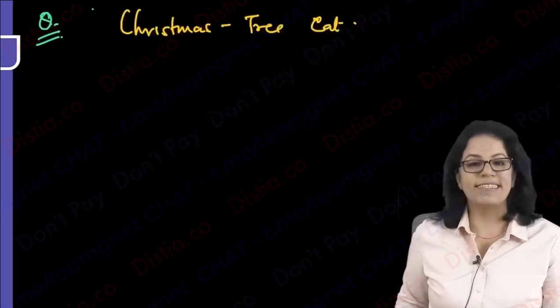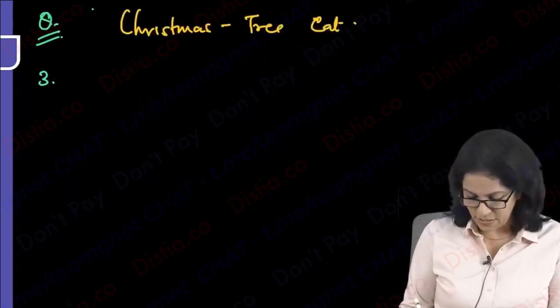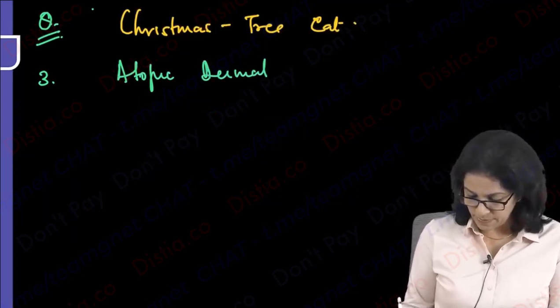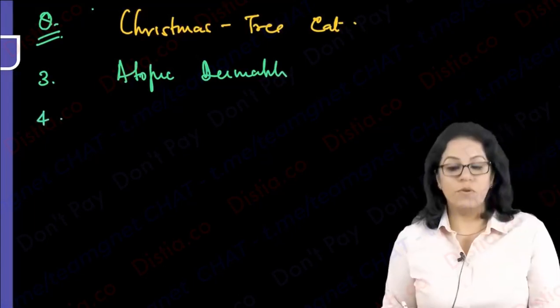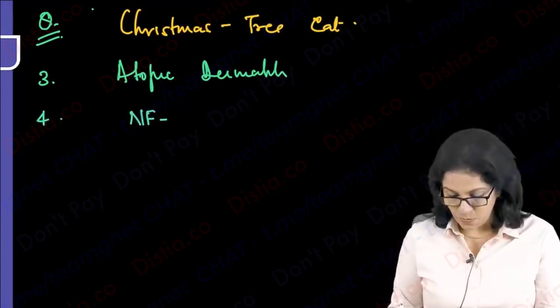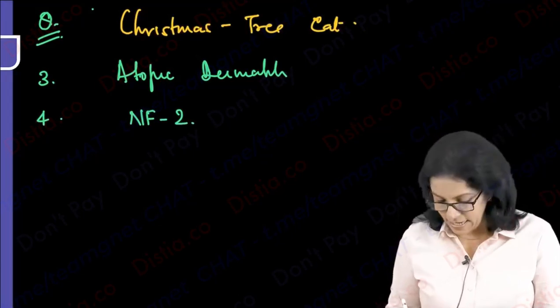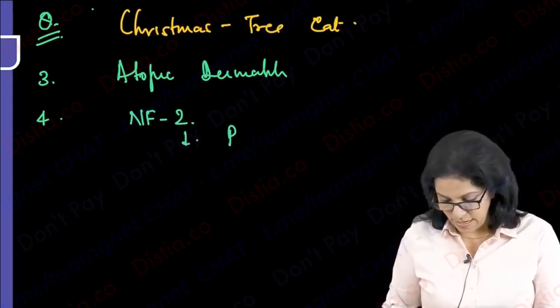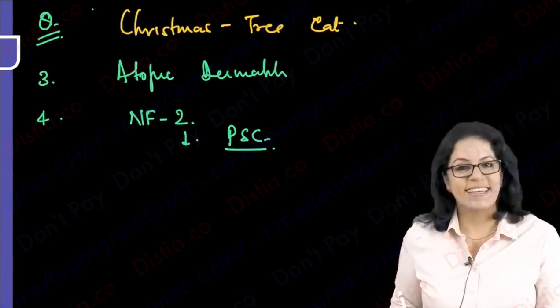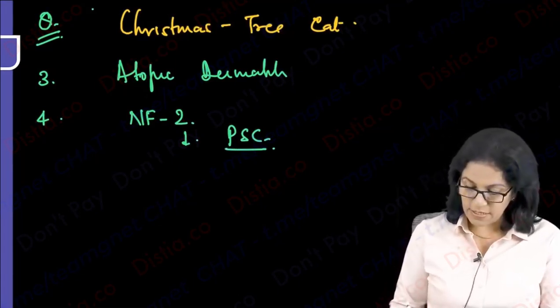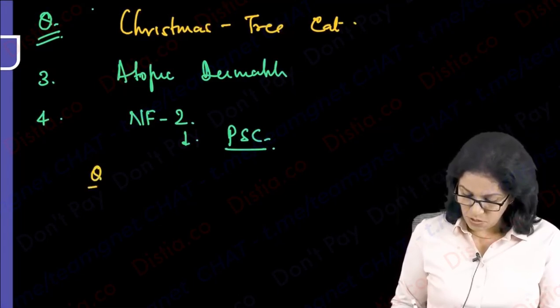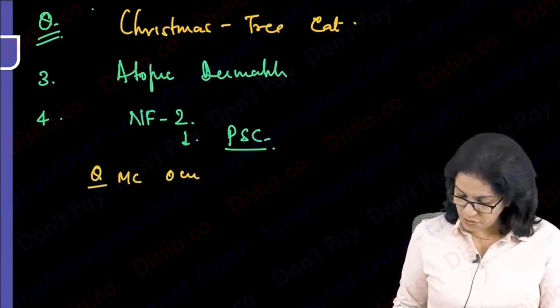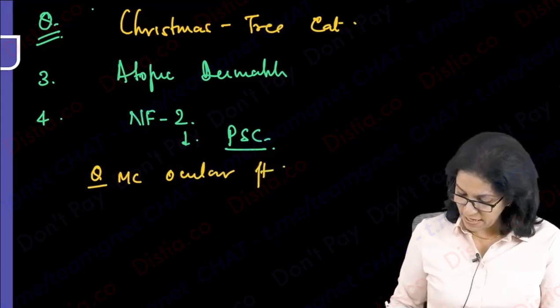So one was diabetes, second myotonic dystrophy, third is your atopic dermatitis, and fourth write down is your neurofibromatosis type 2. And this is what type of cataract? Posterior subcapsular. And this is also an exam question. They've asked you this way, which is the most common ocular feature of NF2.